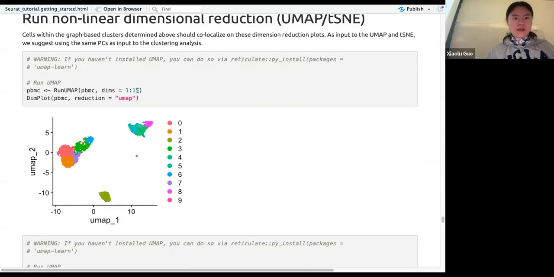So just keep in mind that this dimension should be the same as when you cluster. If you cluster using the first 30 PCs, then here it should also be 1 to 30. It should be consistent between your clustering and visualization.